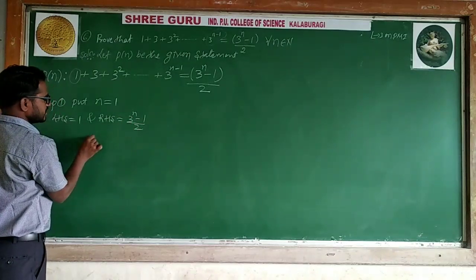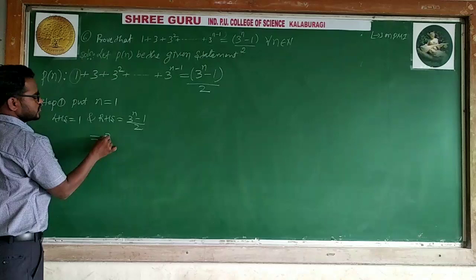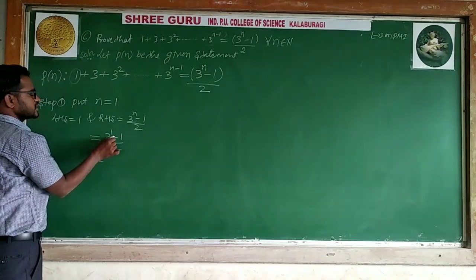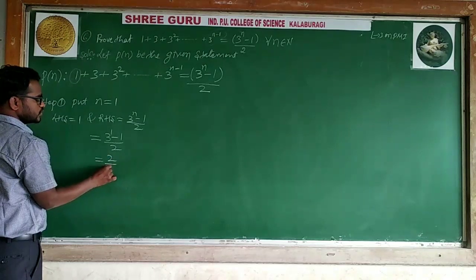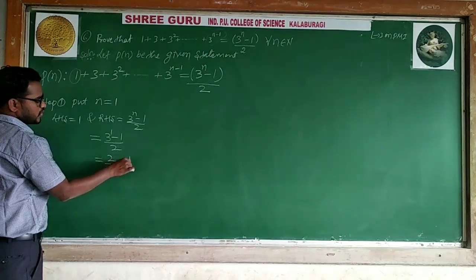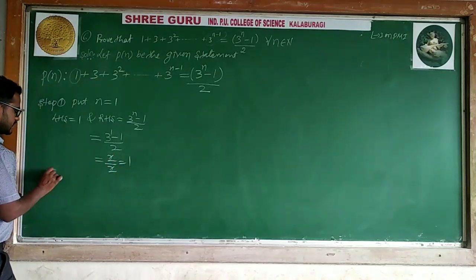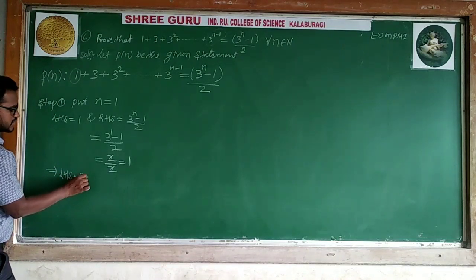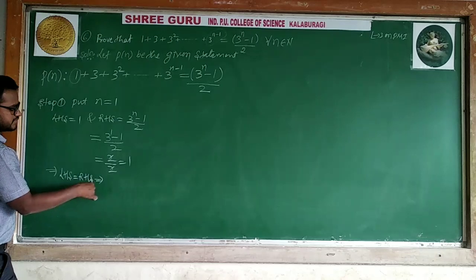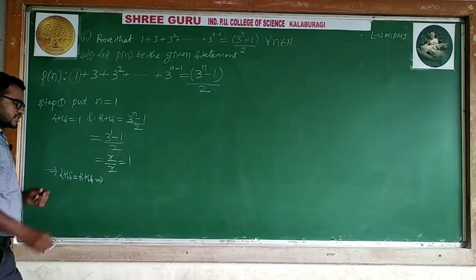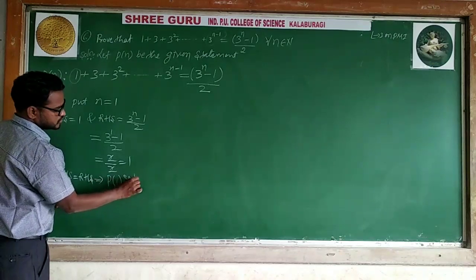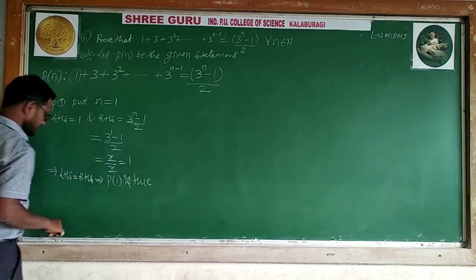With n as 1, 3 to the power 1 minus 1 divided by 2. 3 to the power 1 is 3, 3 minus 1 is 2, and 2 divided by 2 gives 1 only. LHS is equal to RHS, so P of 1 is true. This is all for step 1.